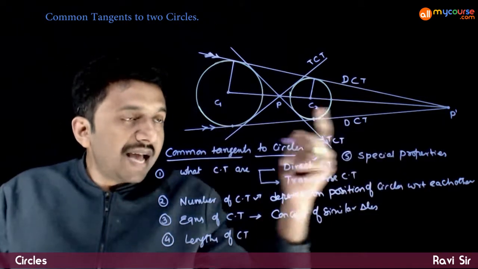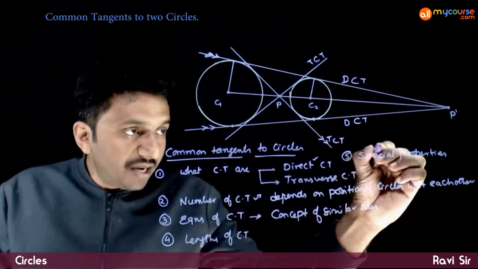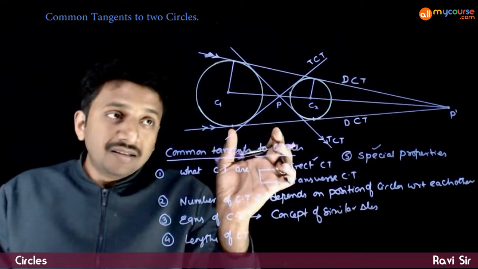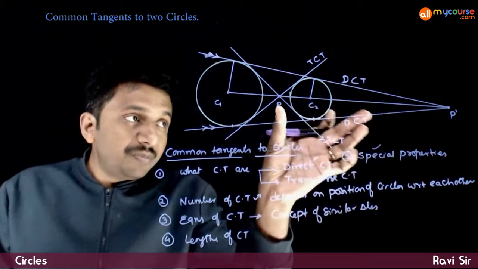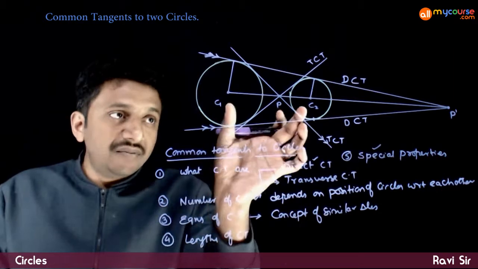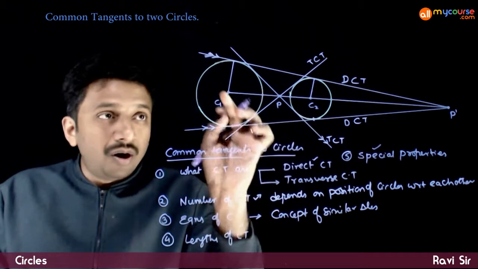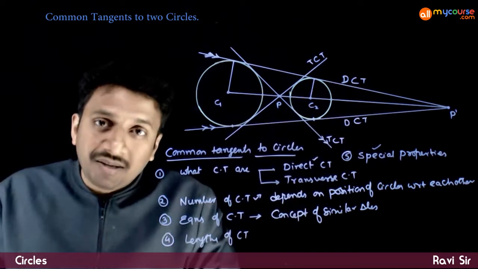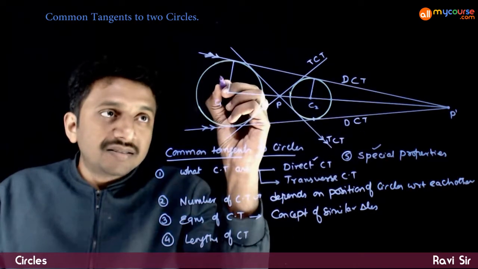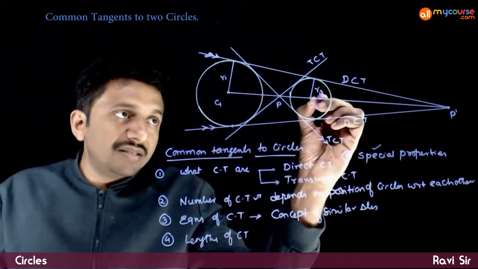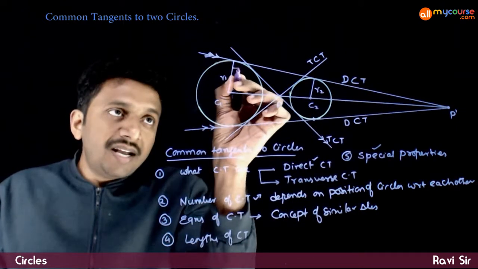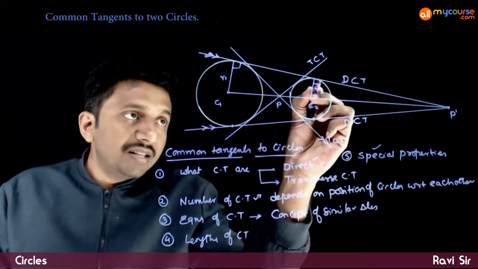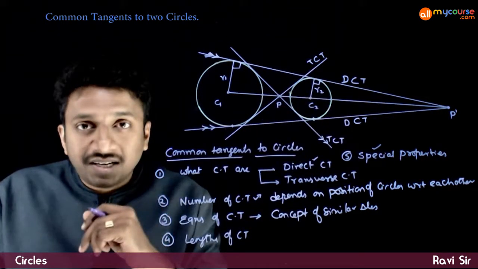And P' and P satisfy a very important special property: the points P and P' divide C1C2 in the ratio of the radii, one internally and the other externally. You can see this clearly. This is R1, this is R2. If you draw the radius, the angle between the radius and tangent is 90.